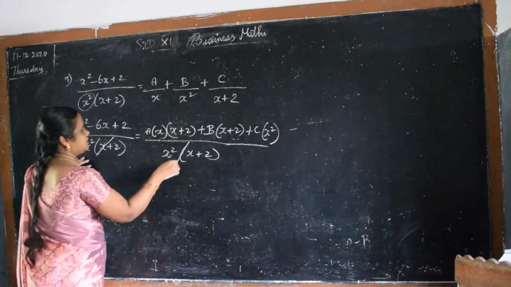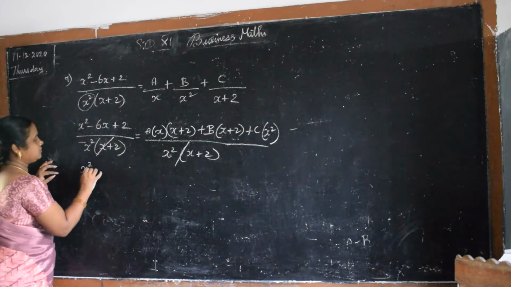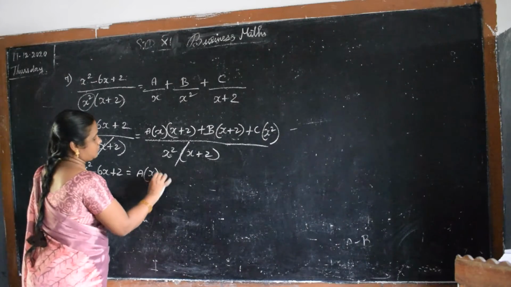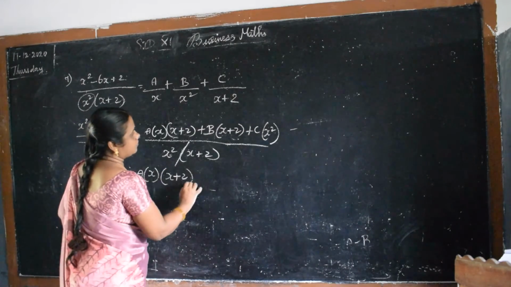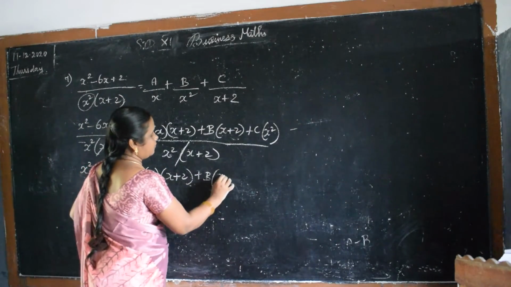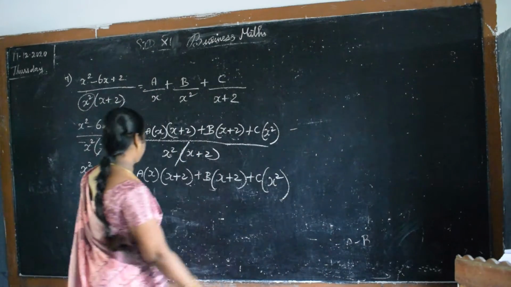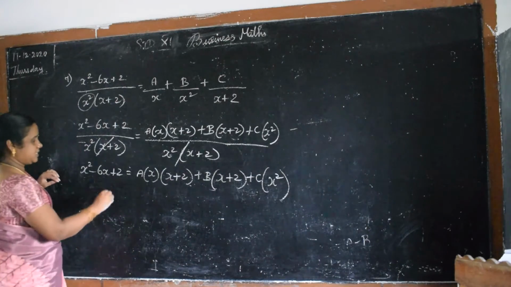Now you can cancel this. What is remaining? a into x into (x plus 2), b into (x plus 2), c into x square. Okay. Now I am going to put x is equal to minus 2.